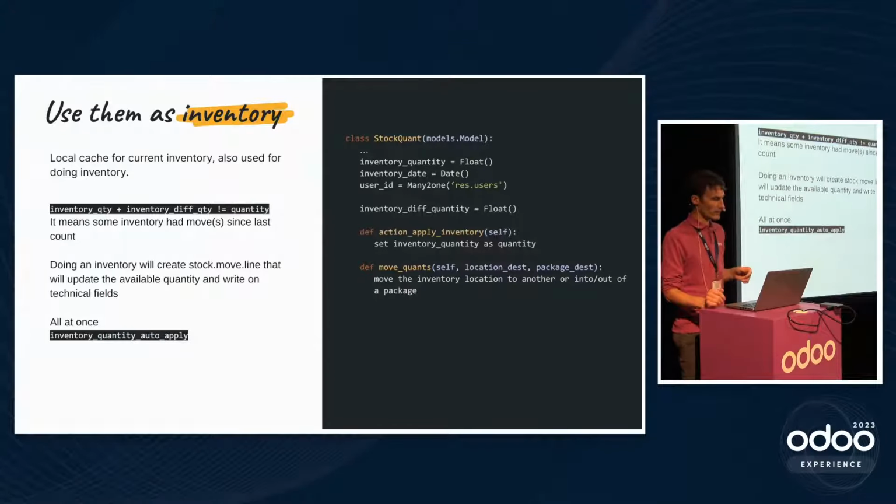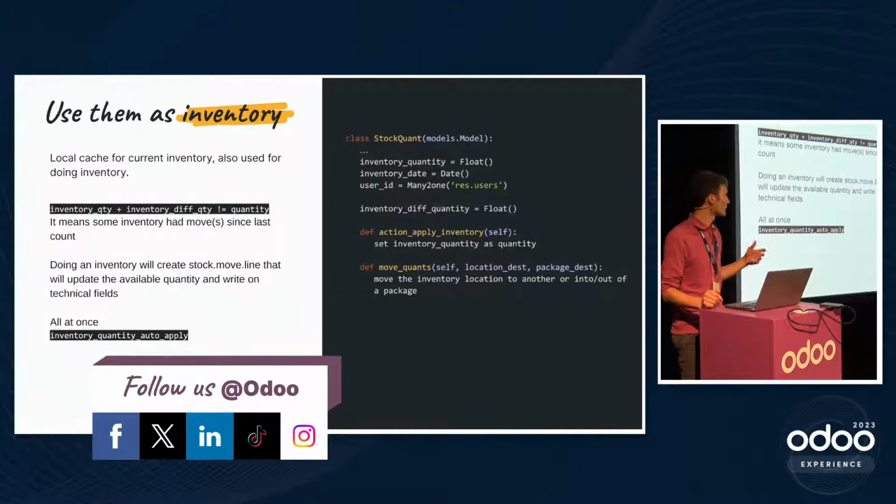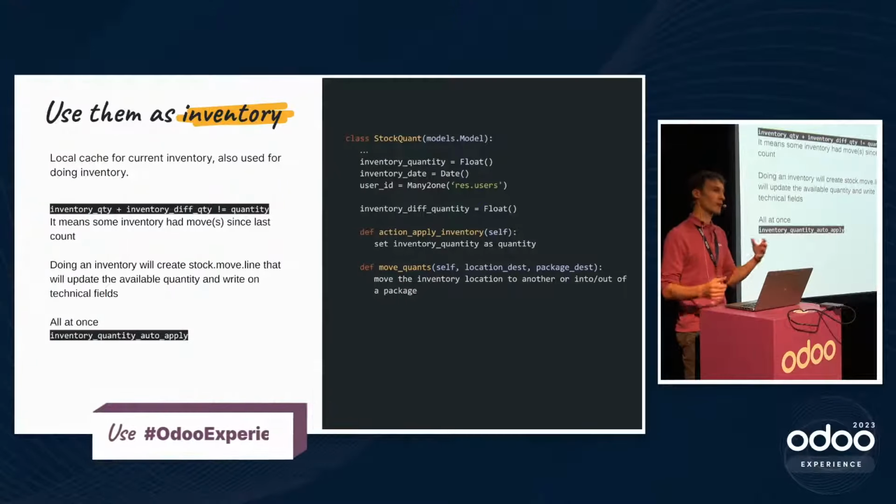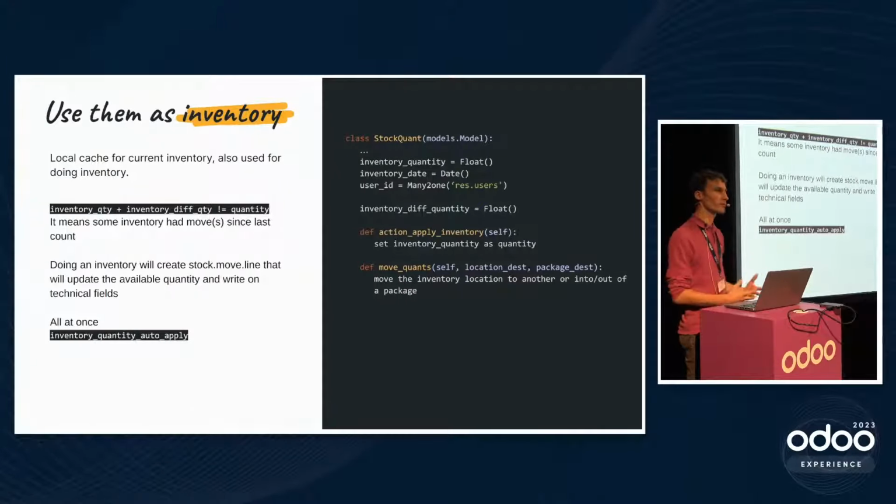And with the inventory quantity field, you can set a new quantity because you can see in front of you that it is not the quantity you have in your system. And with the action apply inventory, we check the difference and we create a stock move and a stock move line behind the scenes to correct the quantities and be sure everything is related to reality.